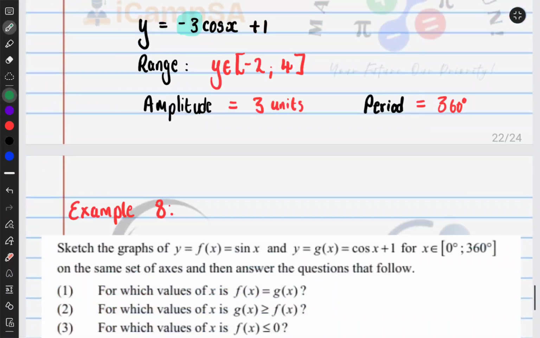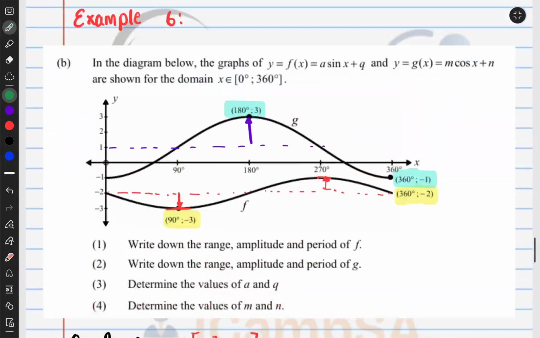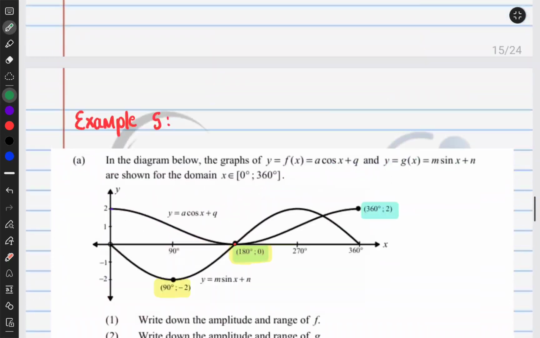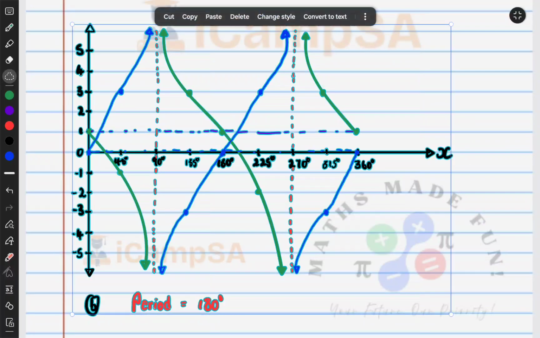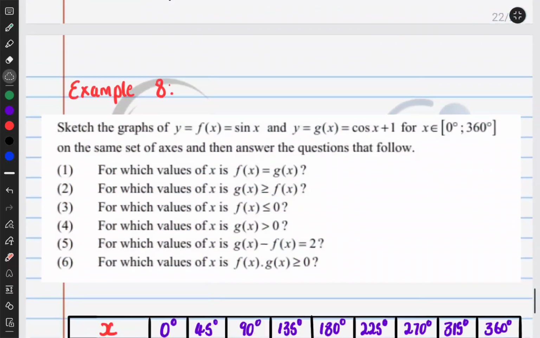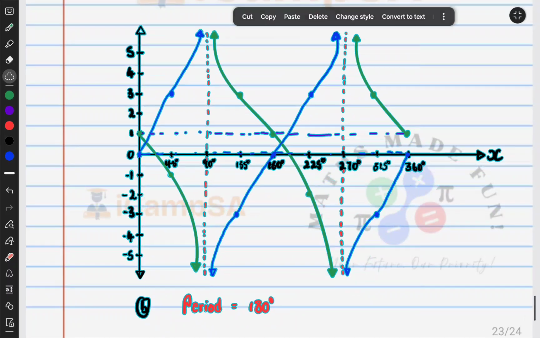Okay, now that we have such, we can sketch. Let me see if we can find some Cartesian plane that we can use. Let's take this one, copy, and paste.